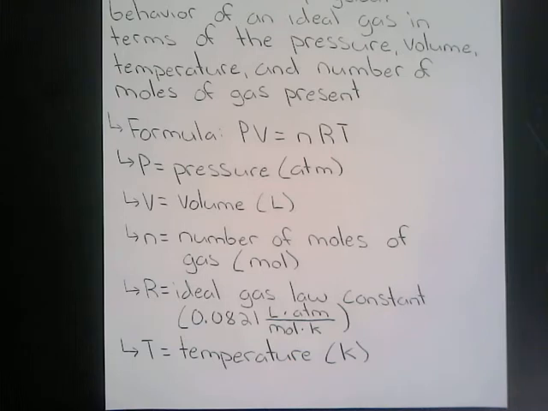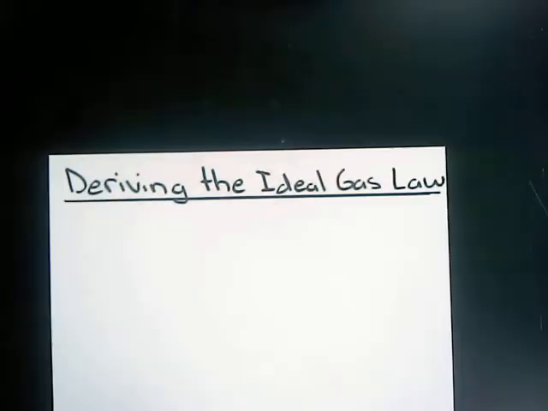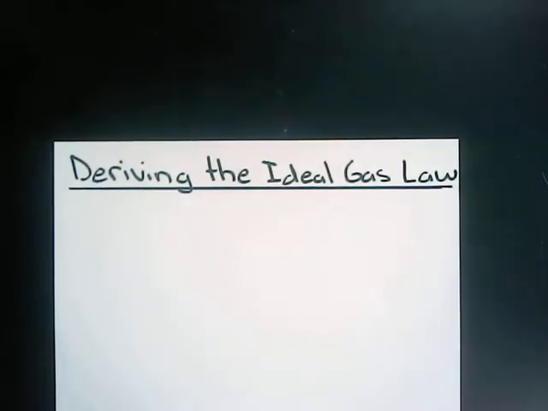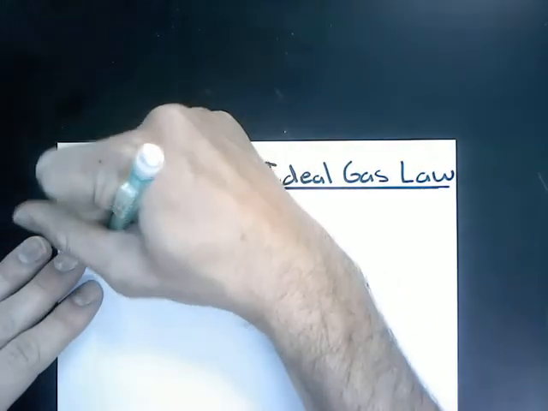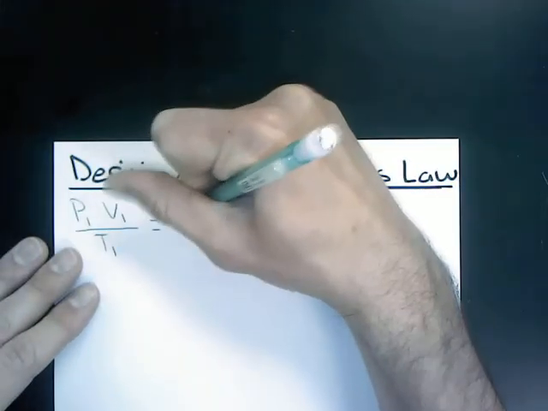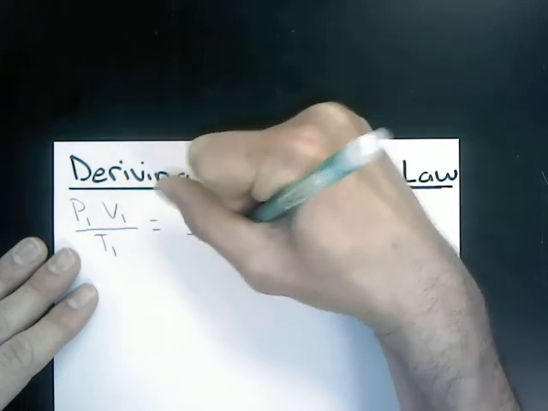All right, so now let's take a look at how exactly we get to the ideal gas law. How exactly did we get to this formula? We start this off by talking about the combined gas law, which if you remember from the last section is P1 times V1 over T1 equals P2 times V2 all divided by T2.